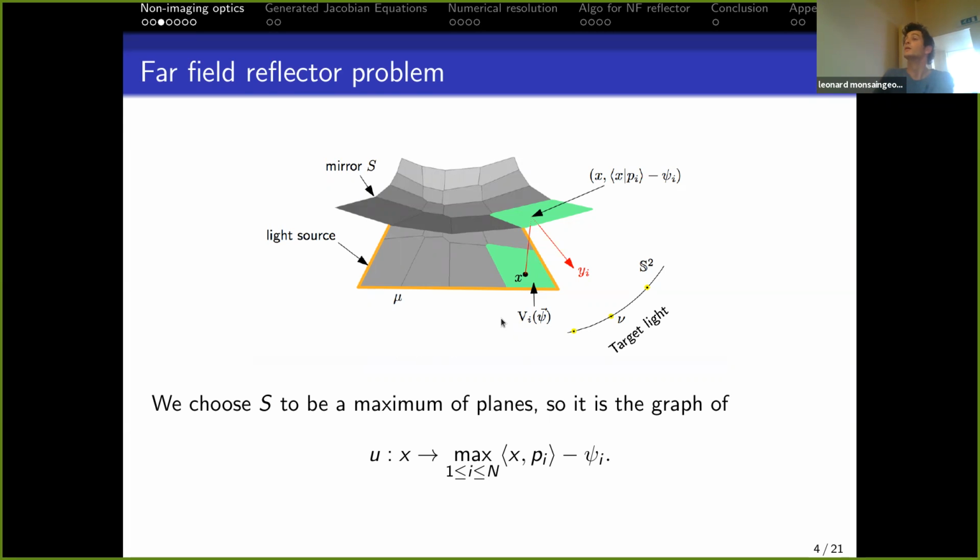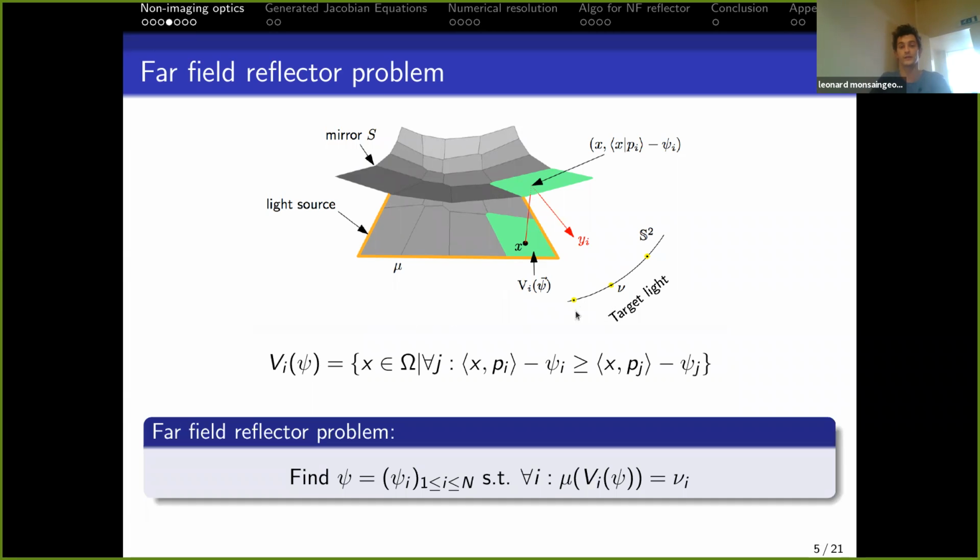Sorry, just to be sure, so the problem is scalar measure in the input because all the source is parallel. The source is completely parallel, so all the rays are vertical, emanating from the same plane, and my targets are directions at infinity. So if I choose this parameterization as the maximum of planes, then I can project each part of my mirror on my light source.